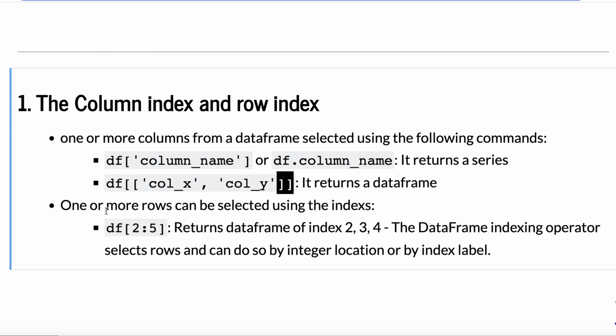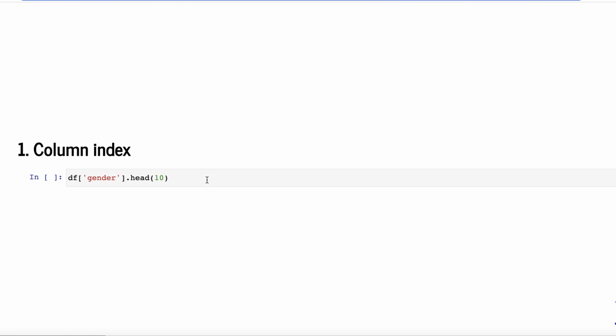The beauty of these row selectors is you can use either index values or the integer locations of the index. So when I say df[2:5], it would select the data frame from index 2 to index 5. These are integer locations. It would start from 0 first, which it will leave, so second, third, fourth, that's all it would select. So let's move on and write some code to understand this.